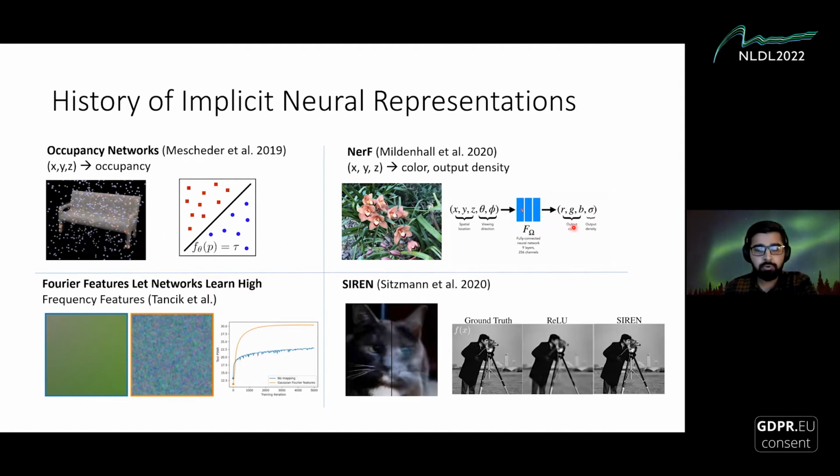They synthesize views by querying 5D coordinates along the camera rays and use classic volume rendering techniques to project the output colors and densities into an image. Since volume rendering is naturally differentiable, the only input required to optimize their representation is a set of images with known camera poses.